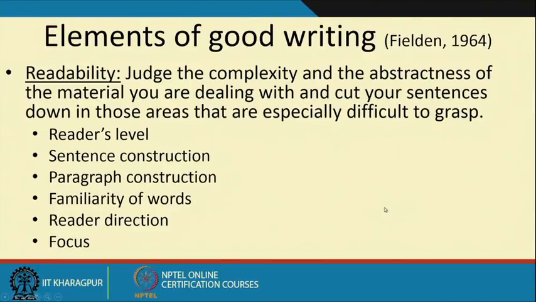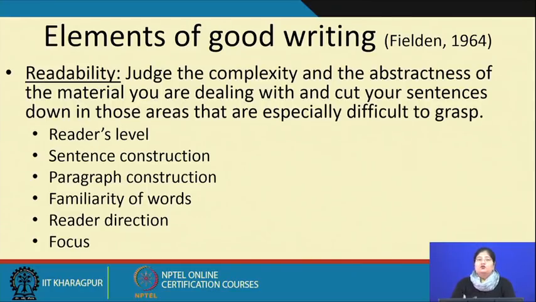Now, some elements of good writing, again from a paper by John Fielden. The first element of good writing is readability. You need to judge the complexity and the abstractness of the material you are dealing with and cut your sentences down in those areas that are especially difficult to grasp, to match the level of the reader.